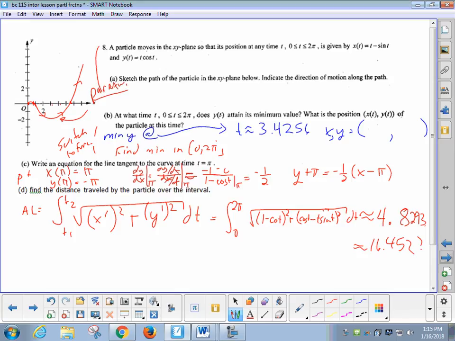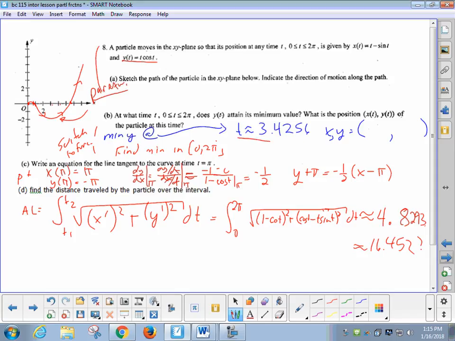I don't know if they've updated it. So the workaround is this. You go to function mode and you just graph the y equation. Just put it back in function mode. Graph y equals x cosine of x. Set the window to 0 to 2 pi and look for the minimum y.